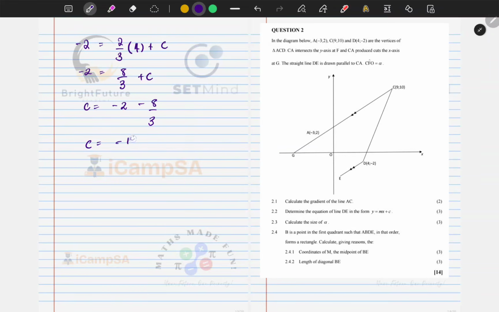So this is going to be minus 14 over 3. Therefore, your equation is y equals 2 over 3 x minus 14 over 3. So this will be your equation.